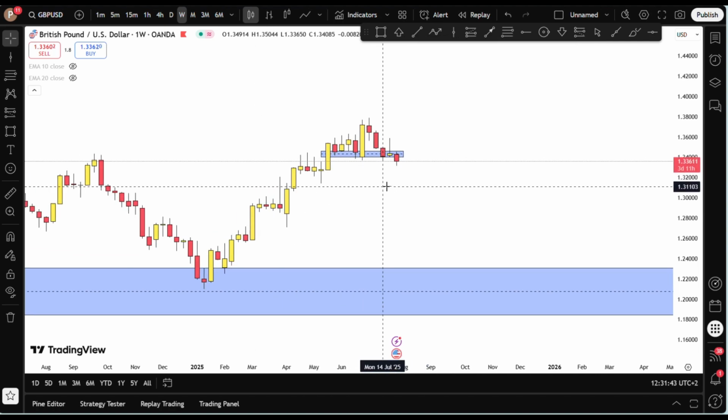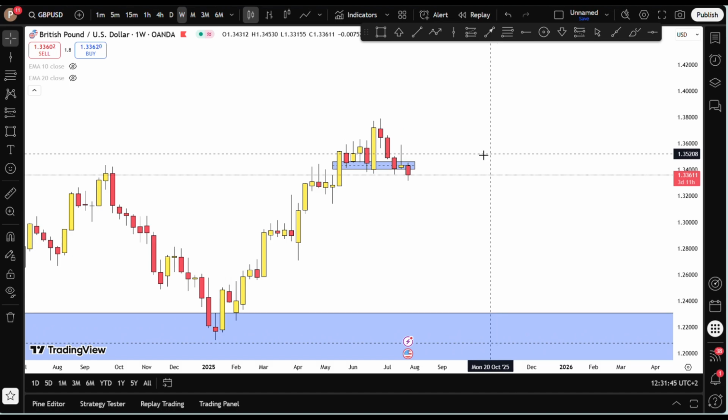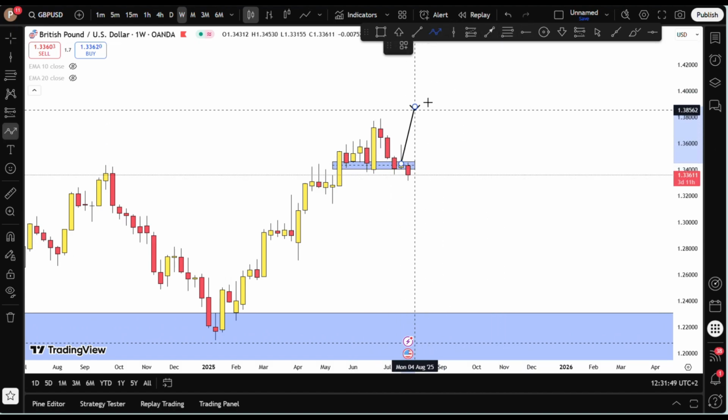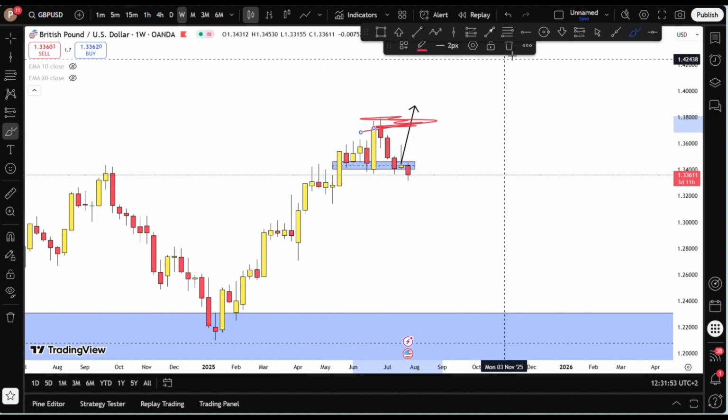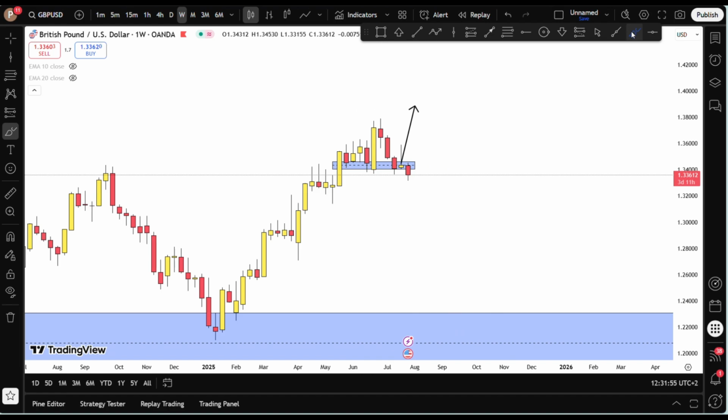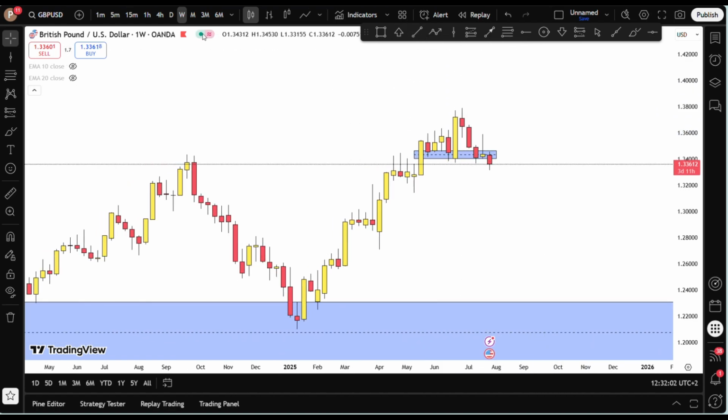This is a higher low. For this uptrend to continue, we will need it to break this high, which it's currently failing to do. Let's keep that in mind and move on to the daily time frame.